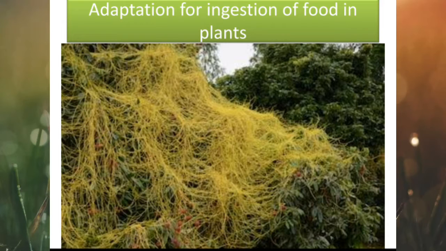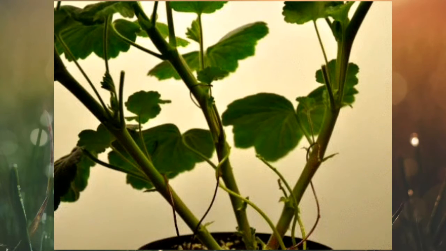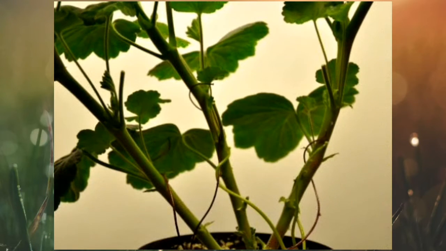Adaptation for ingestion of food in plants. Most of the plants are anchored in the ground and are autotrophic. However, plants like dodder, commonly known as cuscuta, are parasitic. The plant body of dodder consists of yellow, wire-like stems.